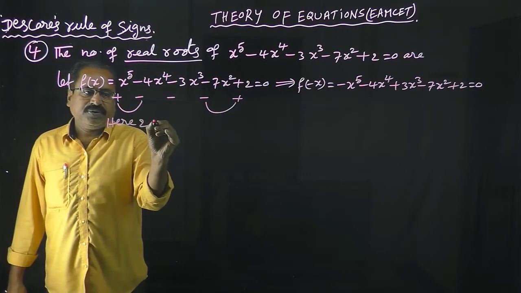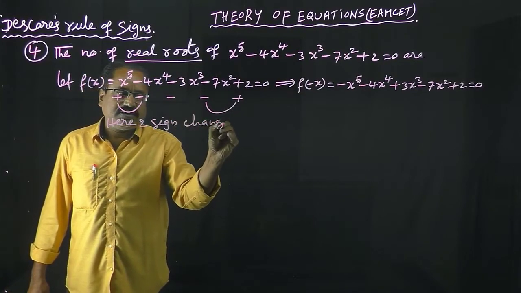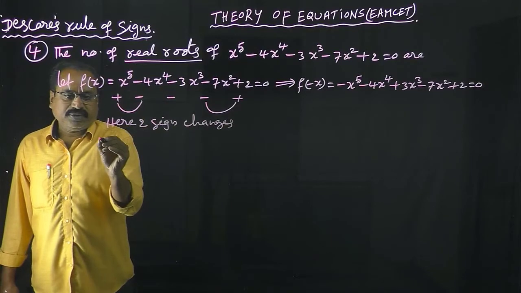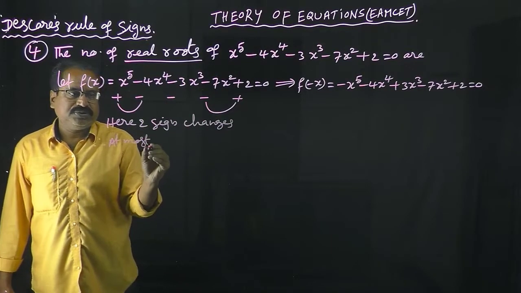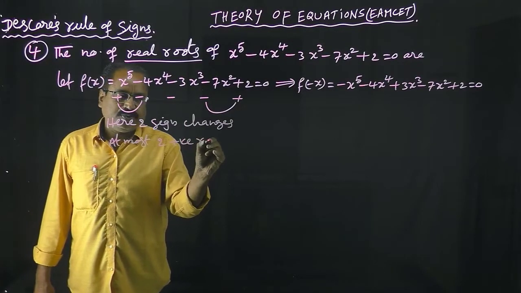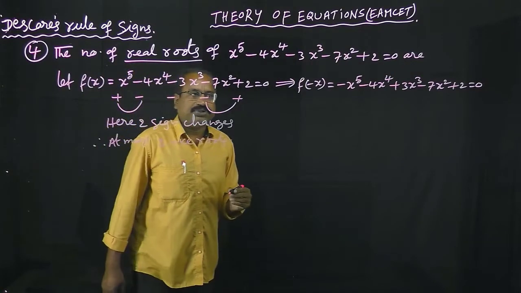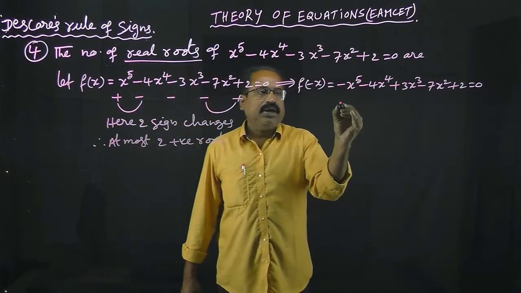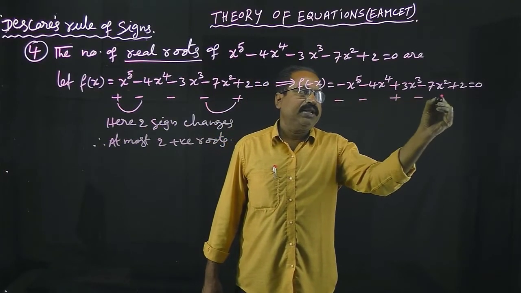Here 2 sign changes. Therefore, at most 2 positive roots. Here minus, minus, plus, minus, plus.